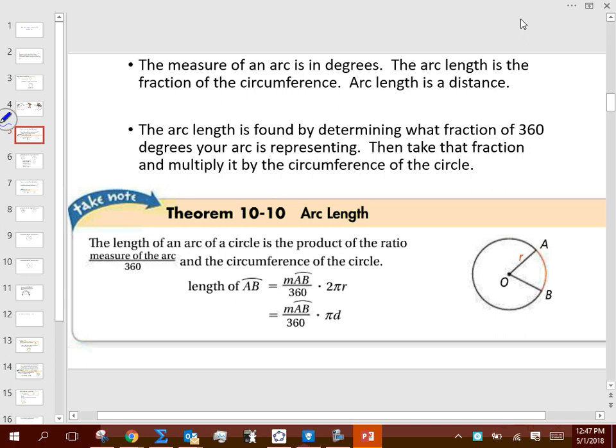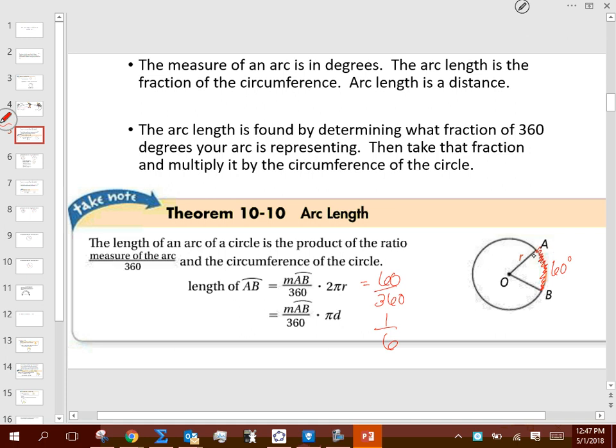Because that is going to give you the fraction that this red arc is of my entire circumference, won't it? Let's say that red arc is 60 degrees. Okay? If I take 60 divided by 360, what's that reduced to?